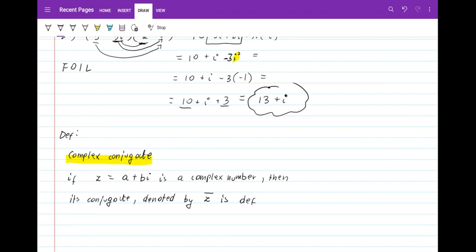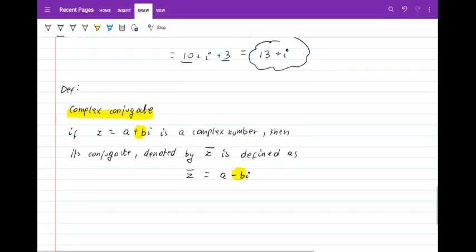defined as, so the conjugate I call z bar, equal a minus bi. So technically what we do, the sign of the imaginary part changes to the opposite. Everything else stays the same.